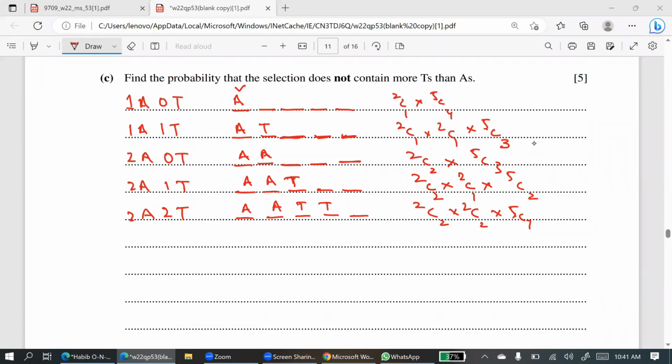Now one more case, 0A and 0T. Now there are 5 empty spaces, so 5C5.